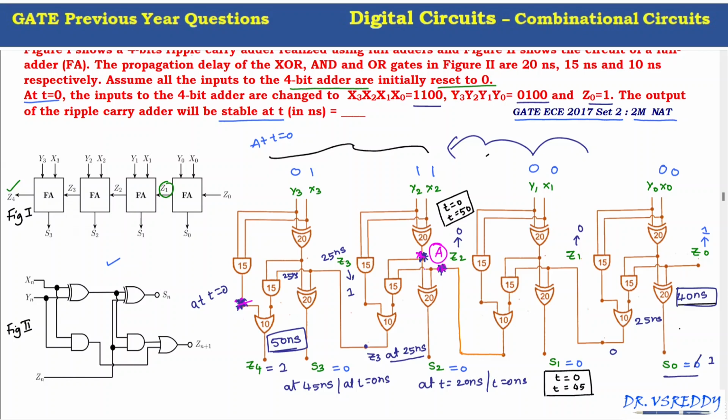That's why we'll consider from here only. So after 50 nanosecond, the Z4 becomes 1. So the minimum time required to get stable output is 50 nanosecond. Answer is 50 nanosecond.